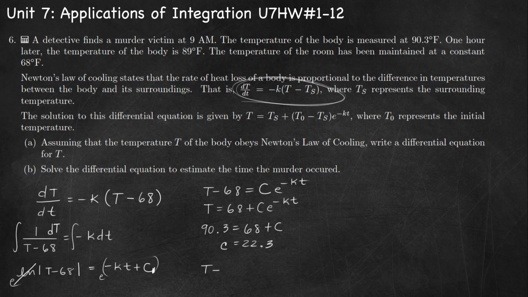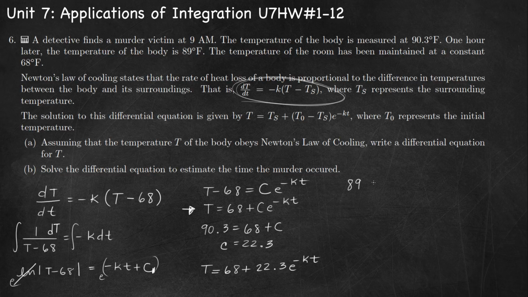So now we know T minus 68 equals, or let me use this one instead. So T equals 68 plus 22.3 e to the negative kt. One hour later, so here we'll assume our units for t will be hours. One hour later, so when t is 1, we have the temperature as 89.